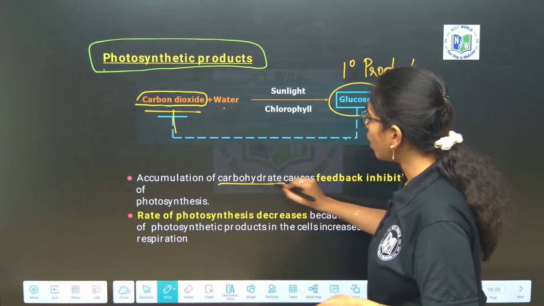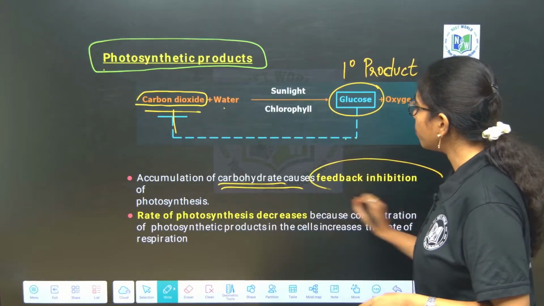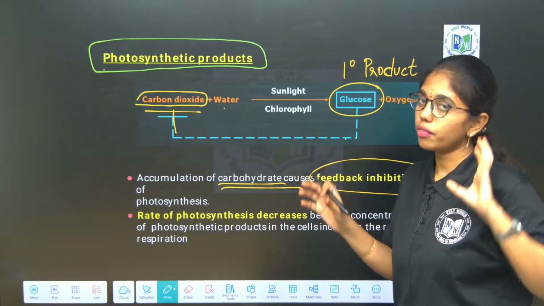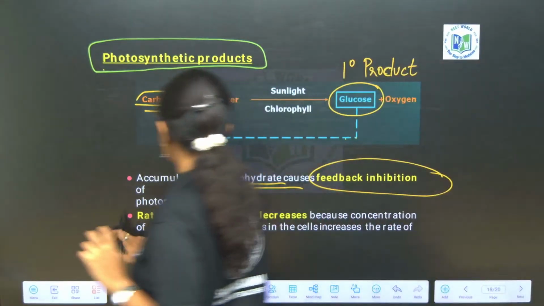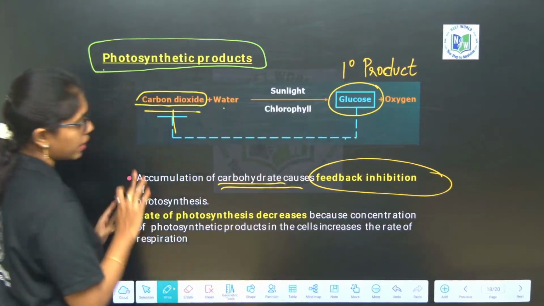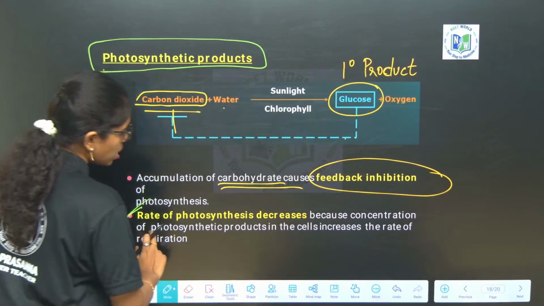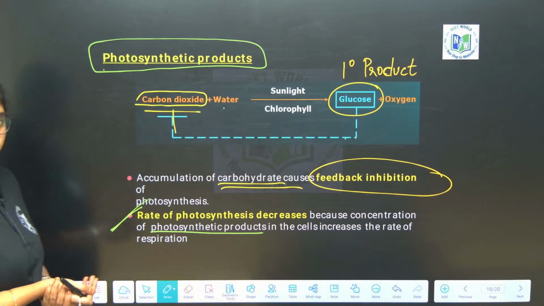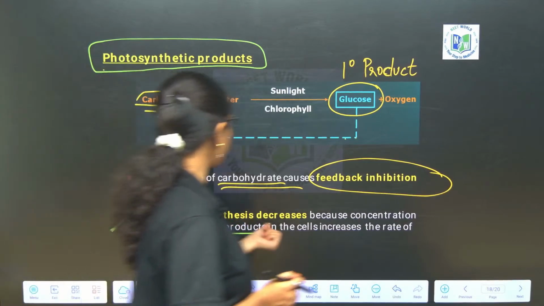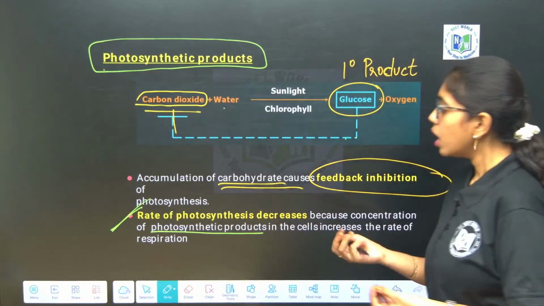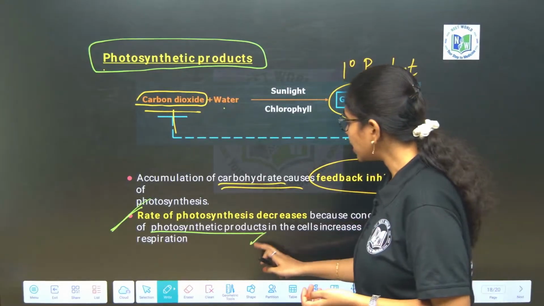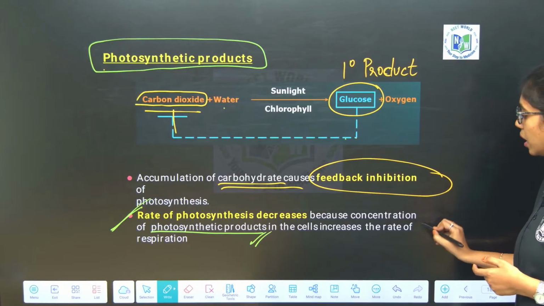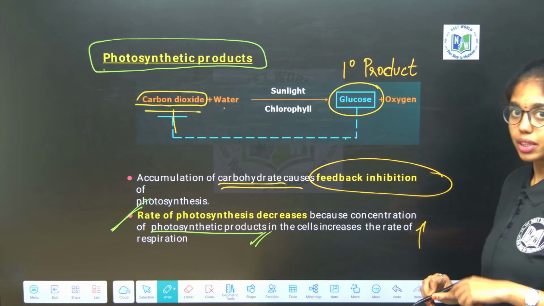Accumulation of carbohydrate causes feedback inhibition, that is products will inhibit the reaction of the reactants, okay. Rate of photosynthesis decreases because concentration of the photosynthetic products in the cells increases, and that will increase the rate of respiration rather than photosynthesis.